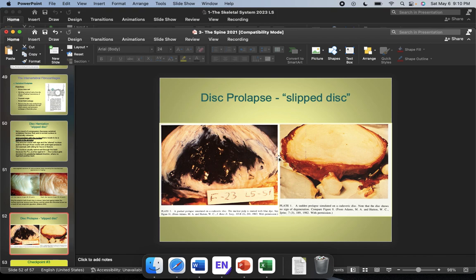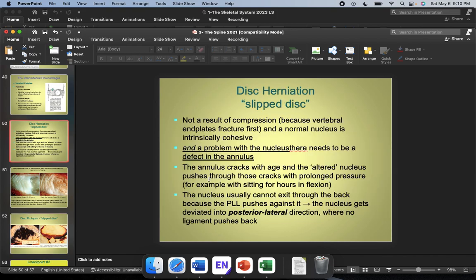If there's a defect in the annulus fibrosus, the nucleus pulposus can infiltrate, and with increased pressure, I keep using my hands to push back this way, it's going to create problems in the annulus fibrosus and then potentially a prolapse or protrusion of that nucleus pulposus into the annulus fibrosus and potentially into the nerve roots.